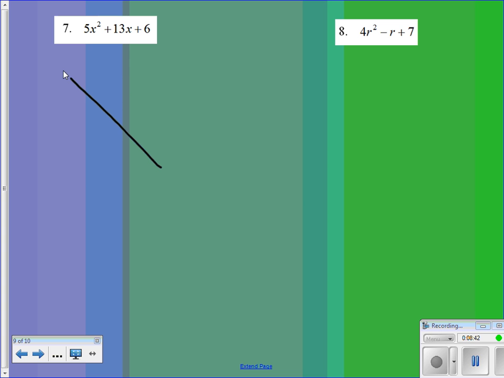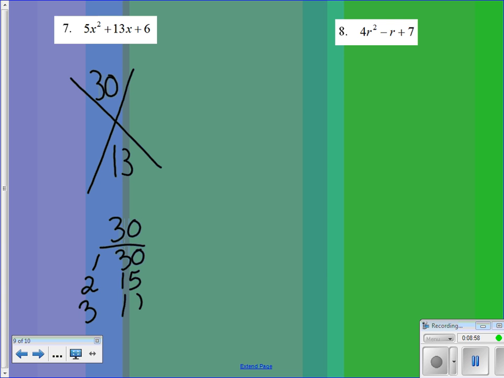So for number 7, we want to multiply 5 times 6, which is 30, and we want to add to 13. So we want to think of factors of 30 that add to 13. Well, we have 1 and 30, 2, 15, 3, 10. When I make out those lists, I already see something that's going to multiply to 30 and add to 13, and that's 3 and 10.